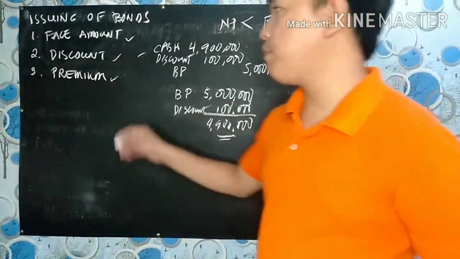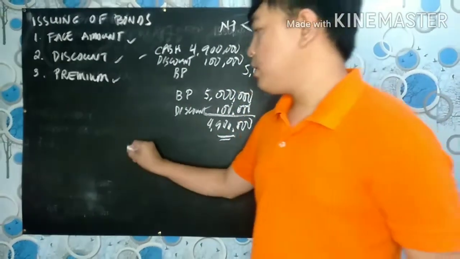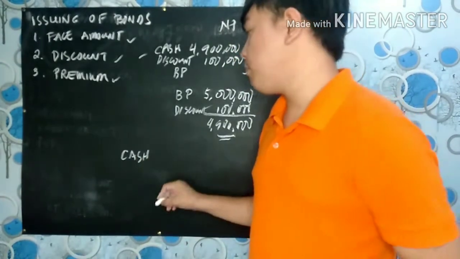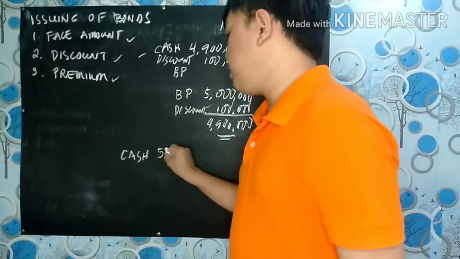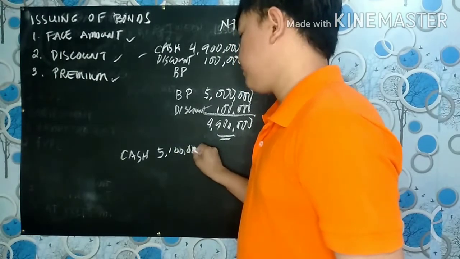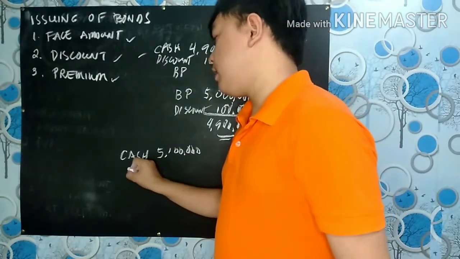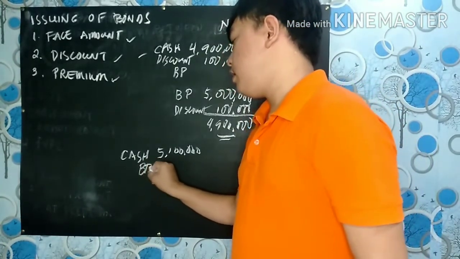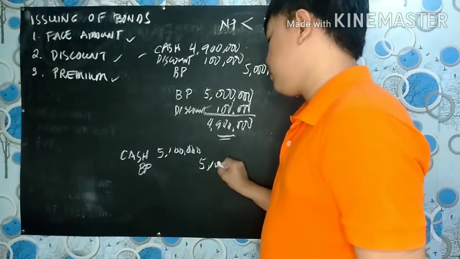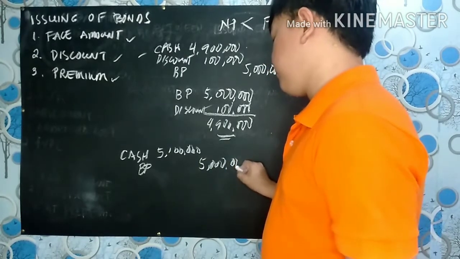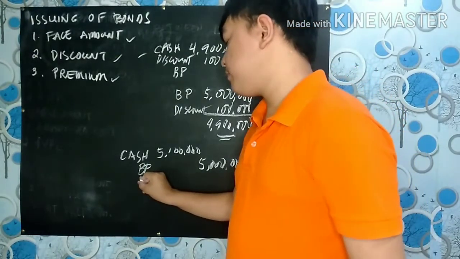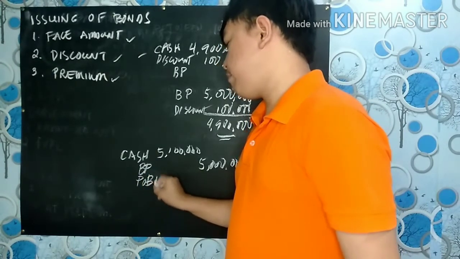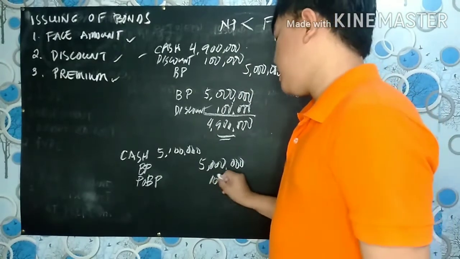So, ang entry natin, kapag premium ang naging result ng pag-i-issue ng bonds, debit tayo ng cash 5,100,000, credit tayo ng bonds payable for 5 million, credit tayo ng premium on bonds payable. How much? 100,000.